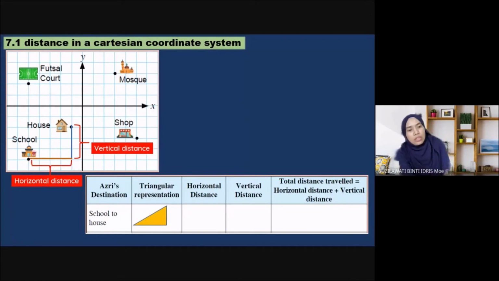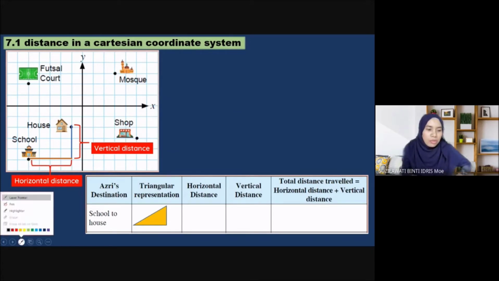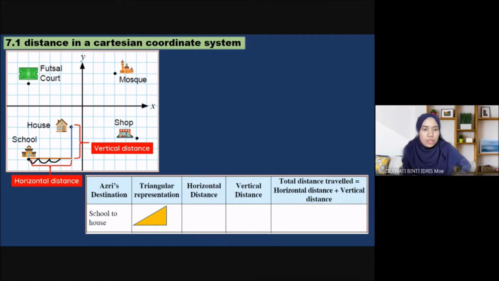How to find the horizontal distance? We just need to count how many steps from here. Macam lagu rap tadi lah. How many? We need to shuffle how many steps tu kan. So kita kena count how many steps. Sini ada 1, 2, 3, 4. So dah ada 4 unit di situ, 4 step. Kan dalam ni ada kotak-kotak kecil, so ada 4 unit. 4 unit ini mewakili 4 langkah lah.